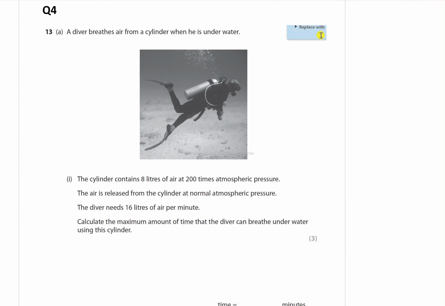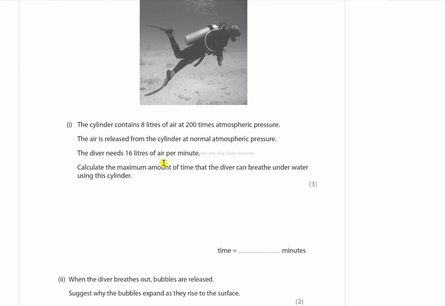Right, a diver, not driver, a diver breathes air from a cylinder when he is underwater. I think this is quite a good question actually. The cylinder contains 8 liters.